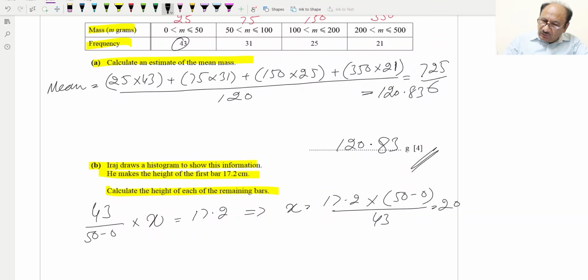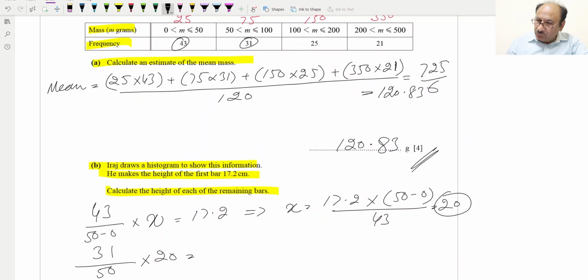So this x value we will be using for the rest of the calculations. For the second bar we can write 31, which is this one, divided by the class width, which is 100 minus 50, which will be 50. We can directly write 50 also, and multiply by 20.